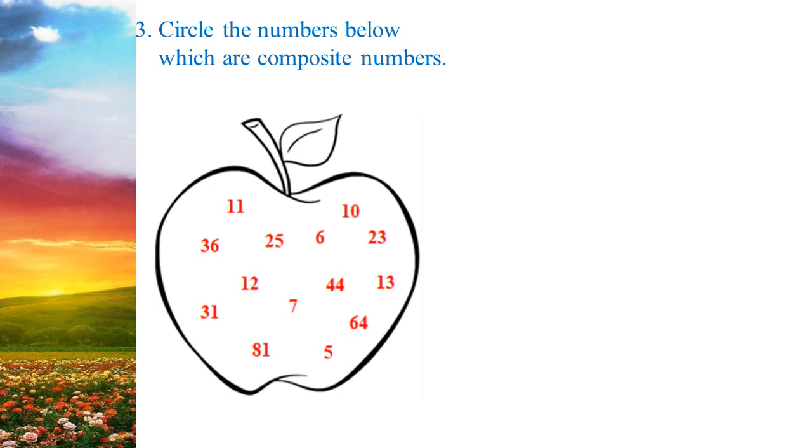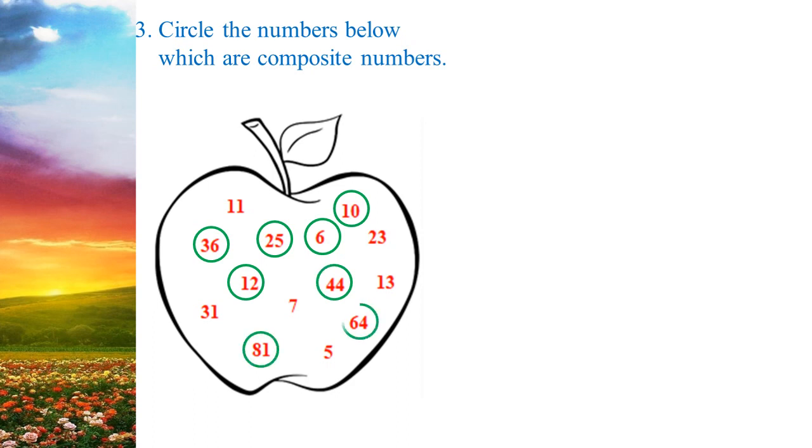A number having more than two factors. Now we are going to circle the composite numbers. The numbers are 36, then 25, 6, 10, 12, 44, 81 and 64.